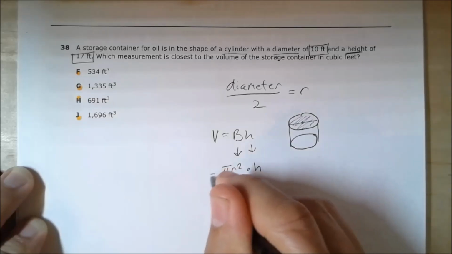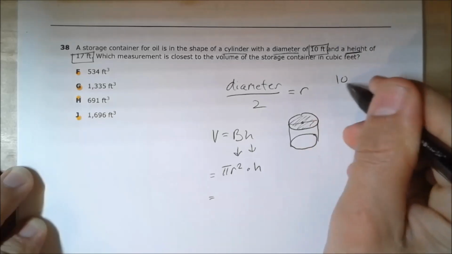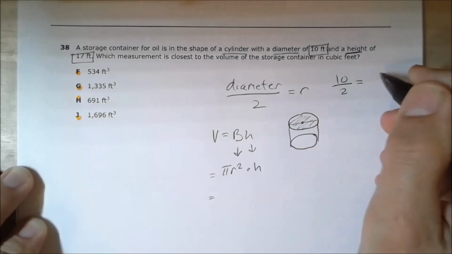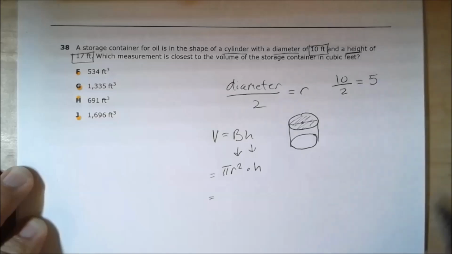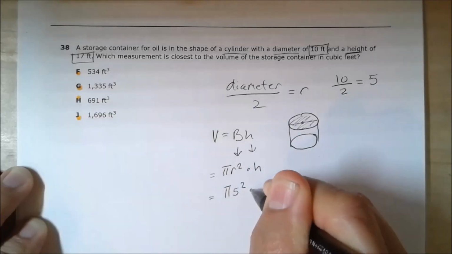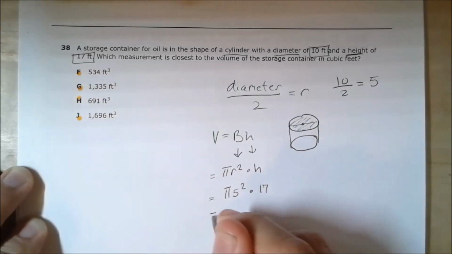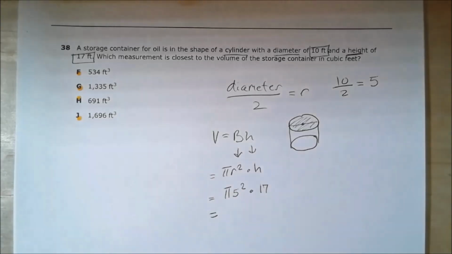So if I go ahead and plug in my values for it, they gave me a diameter of 10, so I'm going to divide that by 2, and that gives me my radius, which is 5. So I'm going to have pi times 5 squared times my height of 17. We can put that in our calculator and we'll have our answer.